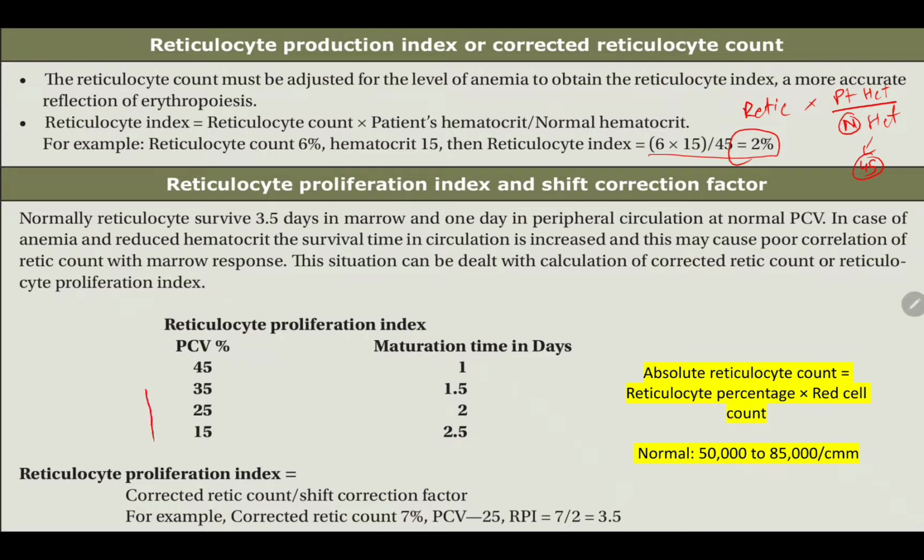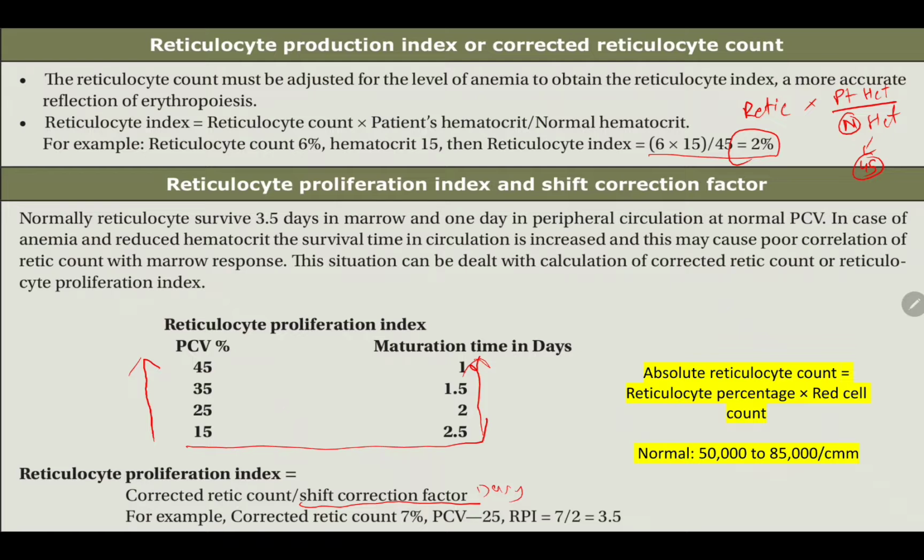We can remember it like 15, 25, 35, 45, and the maturation days decrease as the PCV increases: 2.5, 2, then 1.5 and 1. So we can easily remember this table. So we can calculate the reticulocyte production index by dividing the corrected retic by the shift correction factor, which is in days.